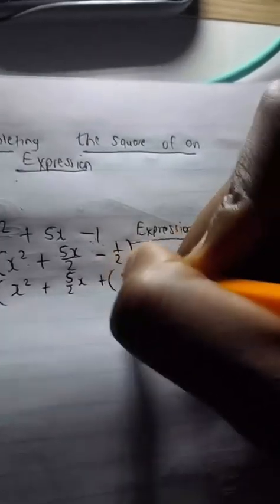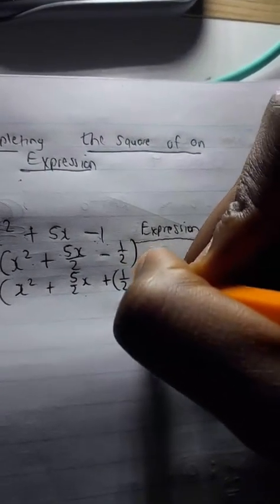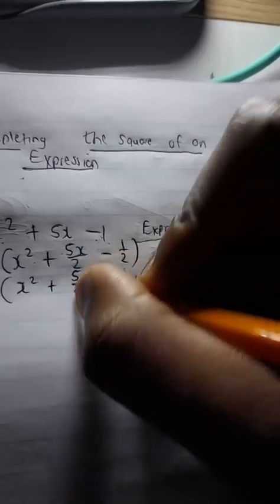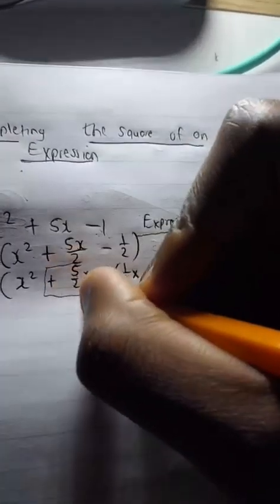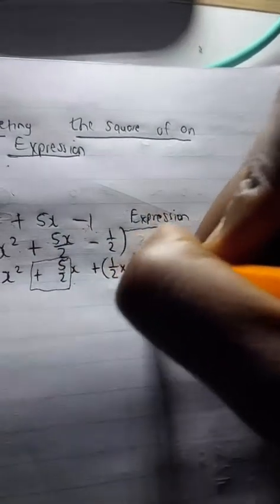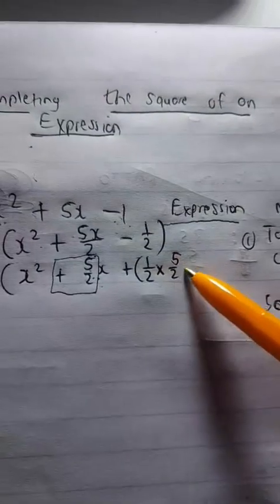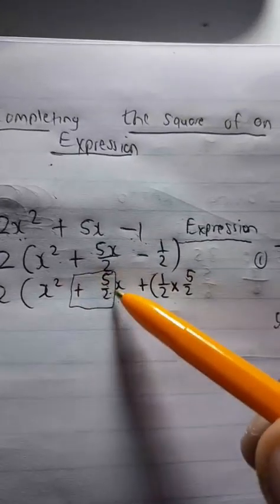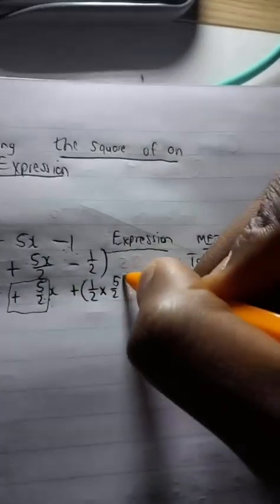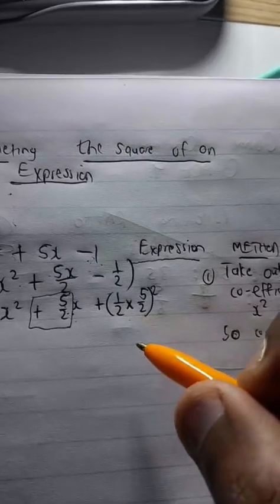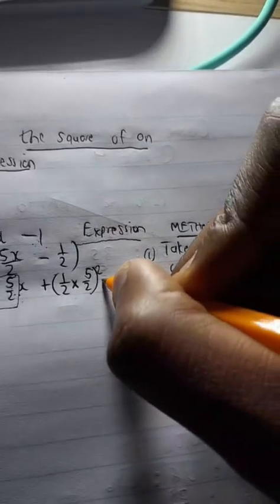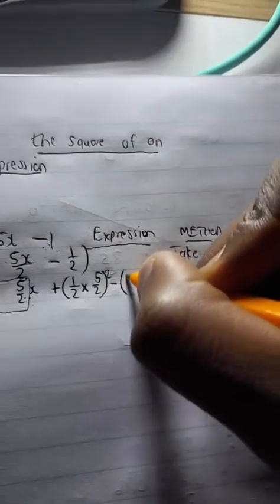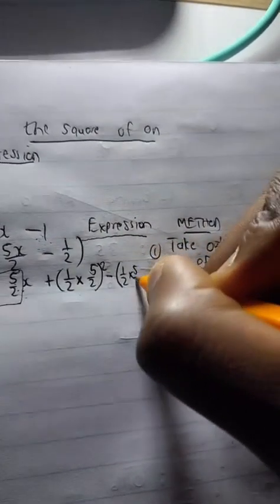After the x term, we add half the product of the coefficient of the x term. Half the product of the coefficient of the x term. Then we square it. But as we add, we also subtract the very same thing.